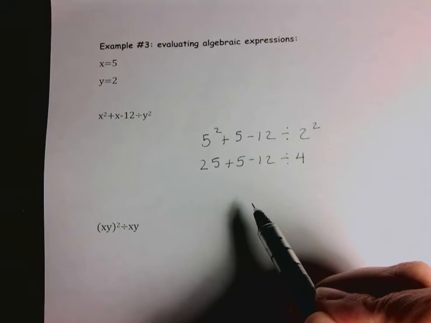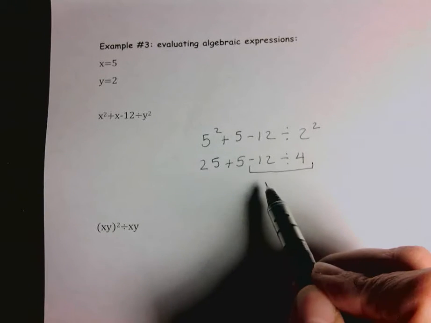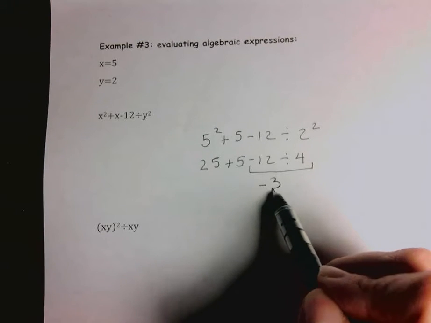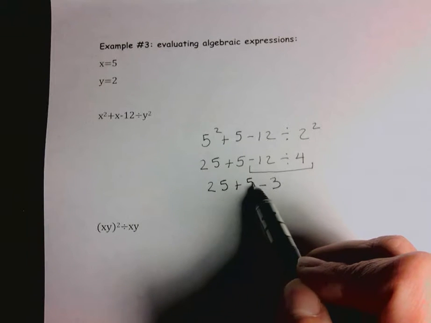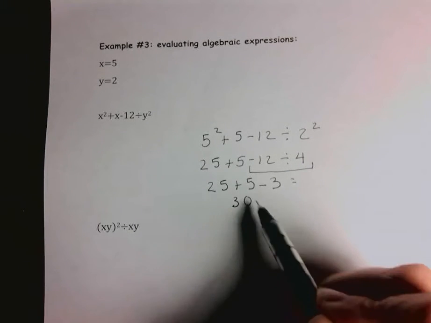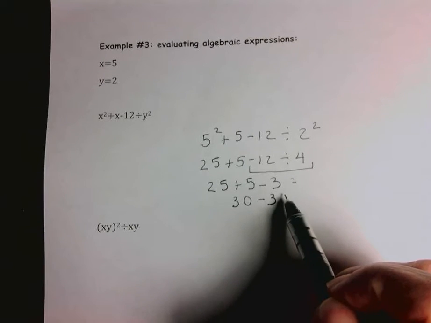And then I go ahead and move on to multiplication and division. So that means I need to solve -12 divided by 4 first. And then and only then can I move on to the addition and subtraction, going left to right.